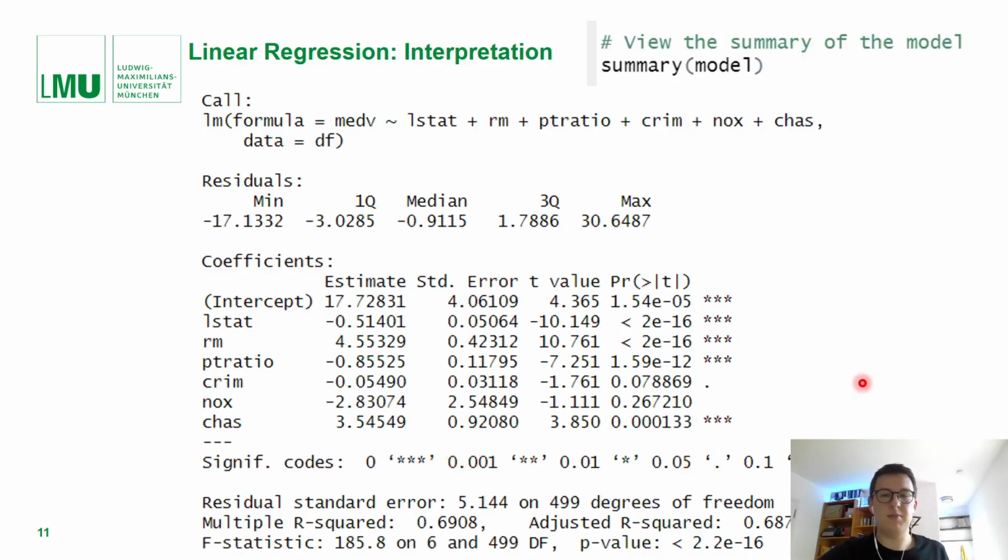The more stars, the more significant we can say. And if you don't see any stars, like here for the variable crime, which is the crime rate, and NOx, which is, I think, some kind of air pollution, we can see that these coefficients are insignificant. So they don't have a significant impact on the price of a house in Boston in our model. All the other coefficients are highly significant.